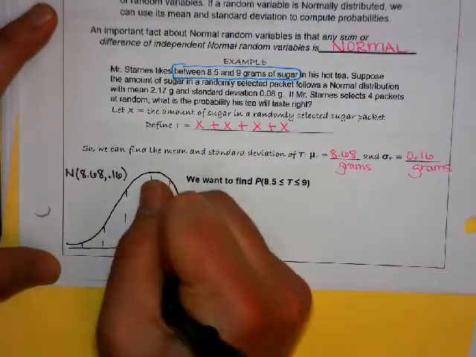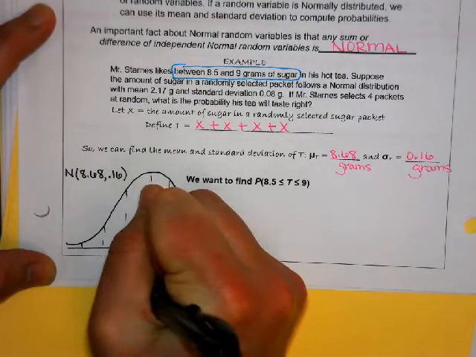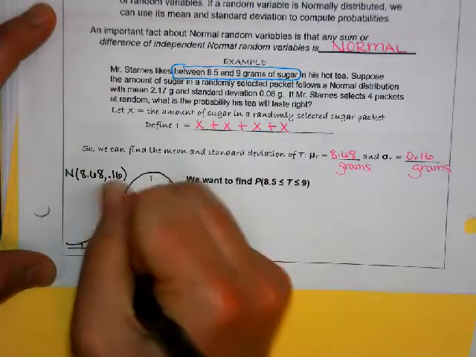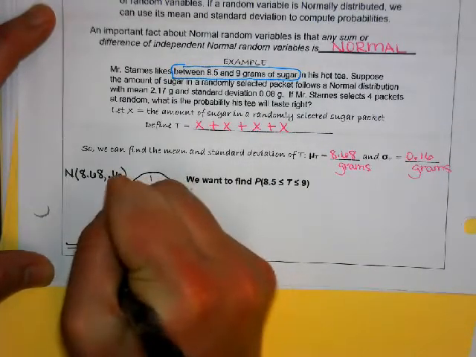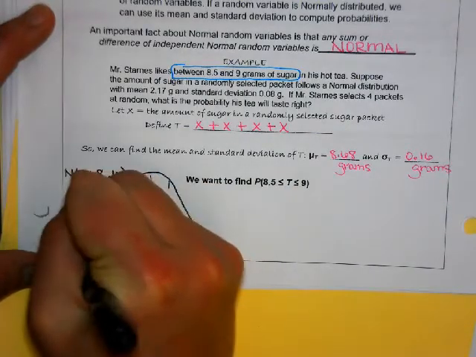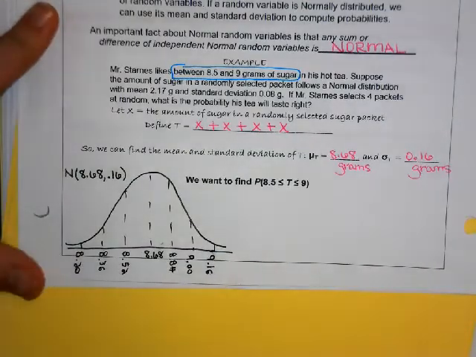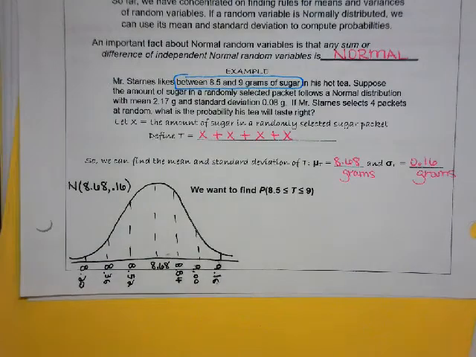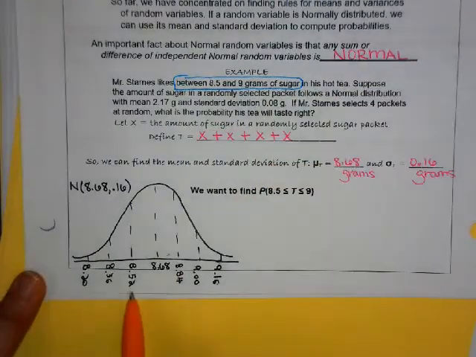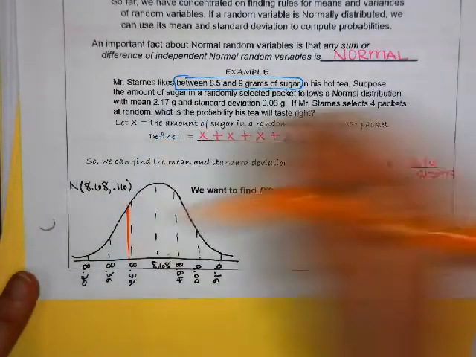And then 8.36, and then 8.2. I guess I'll put the 0. So then we want to focus on finding the area between 8.5 and 9. So I'm going to say that's 8.52, so 8.5 is just going to be below it. And then 9 is right here. So I want to find that area.